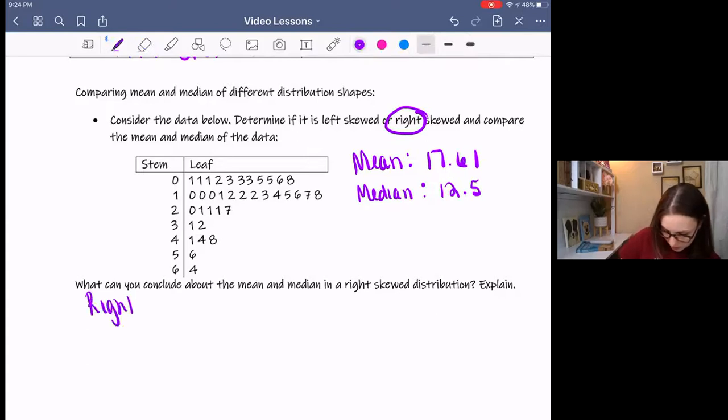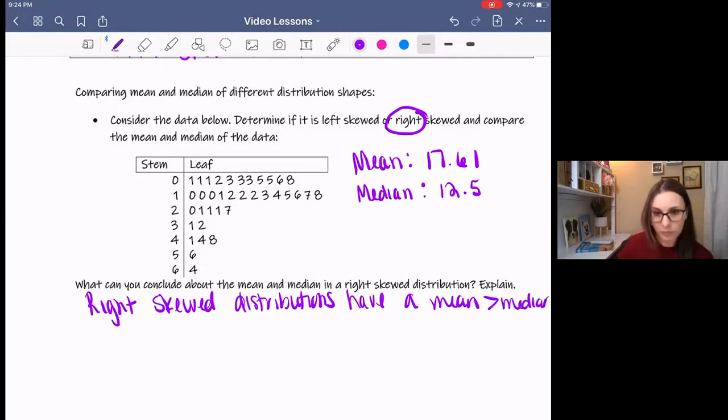Right skewed distributions have a mean greater than the median. Oh, still ran out of room. You learn it better when you write it multiple times. Mean greater than the median.